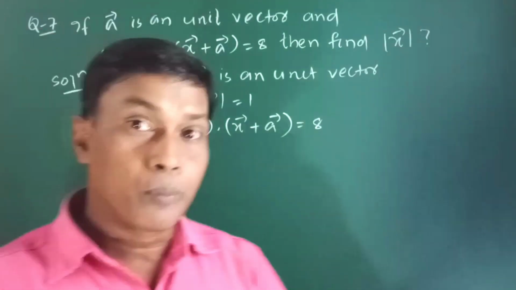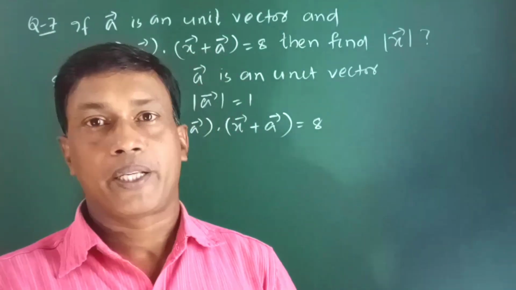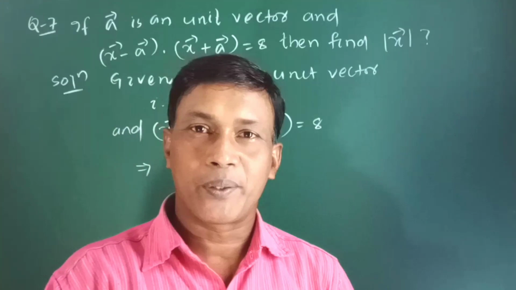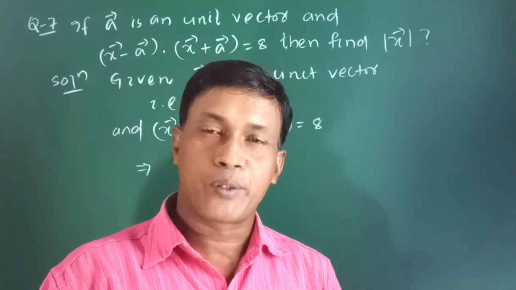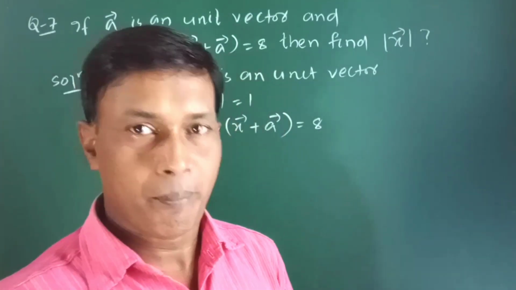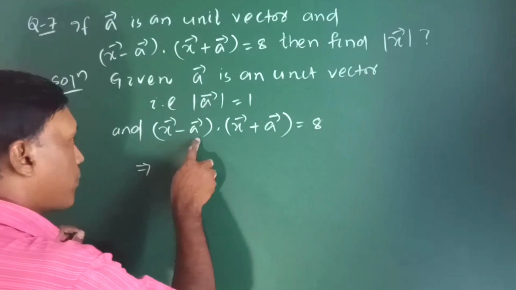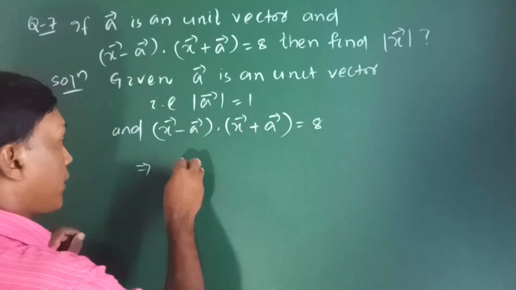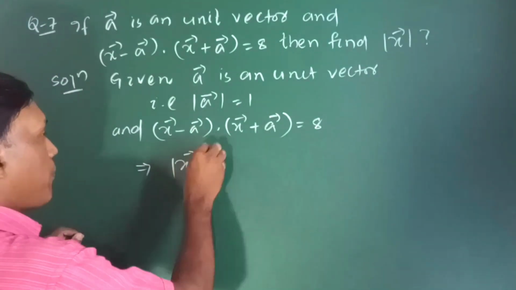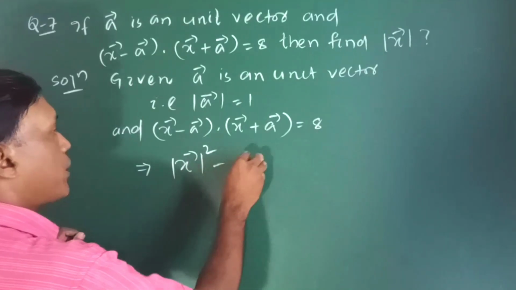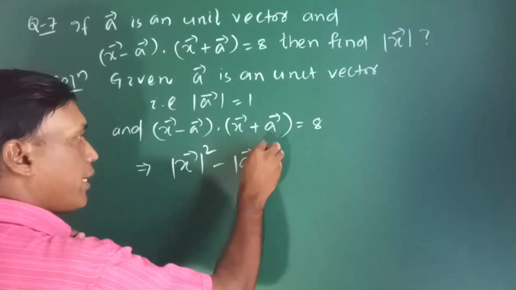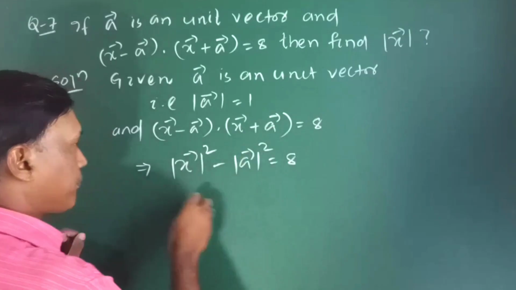And I have already proved (a minus b) dot (a plus b) is equal to the square of the magnitude of a minus the square of the magnitude of b. That means (x vector minus a vector) dot (x vector plus a vector) is the square of the magnitude of x minus the square of the magnitude of a, and it is given as 8.